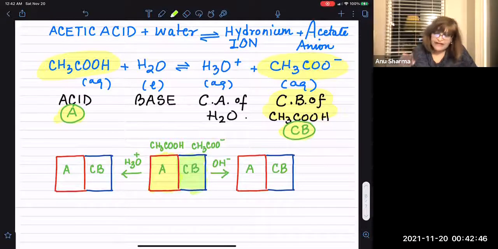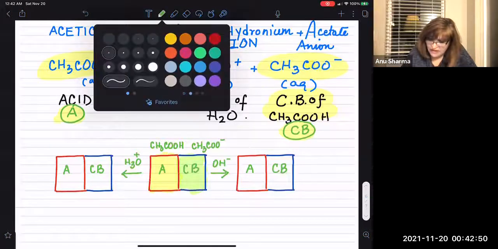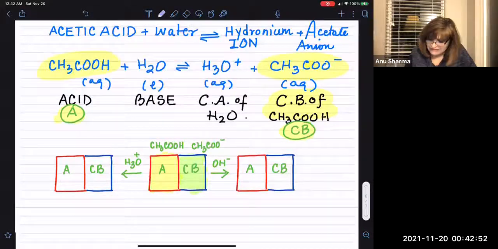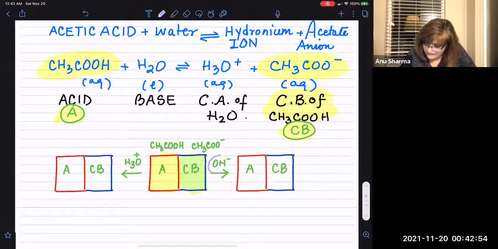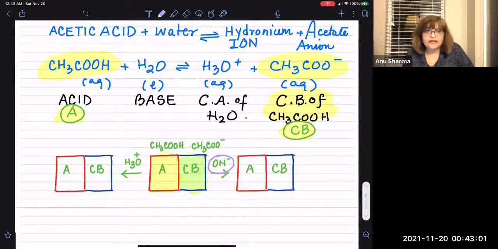Now, in this solution, if you add some more base, like the OH ions, you add sodium hydroxide, what is going to happen?